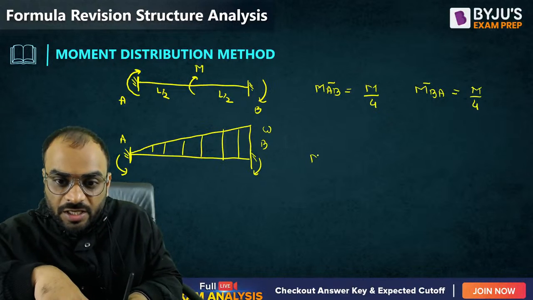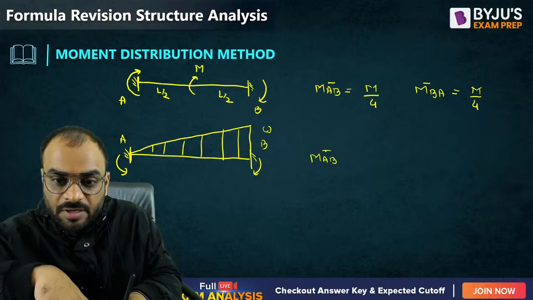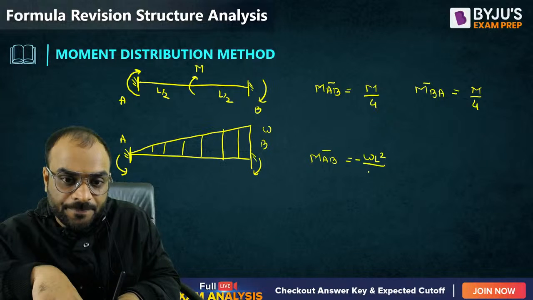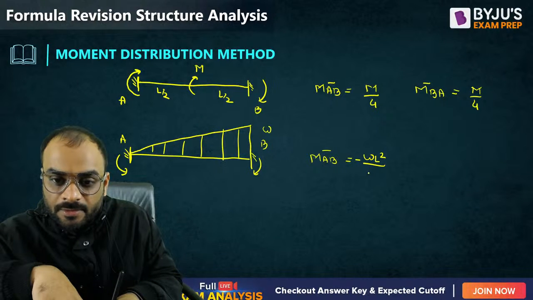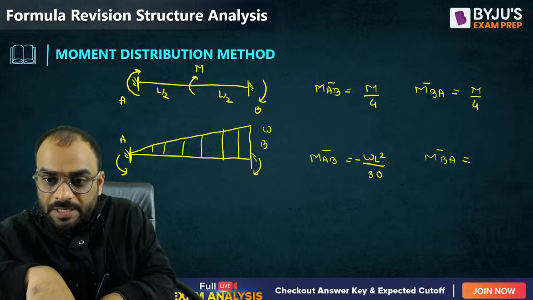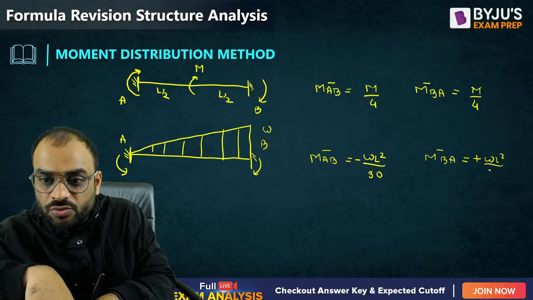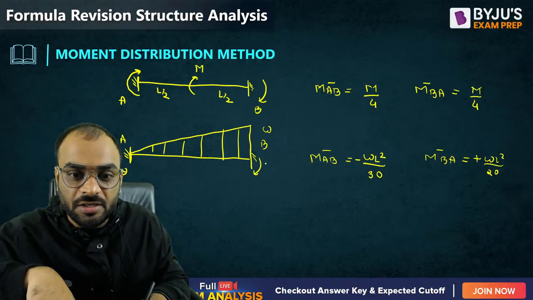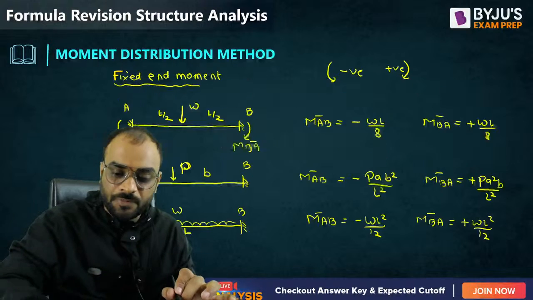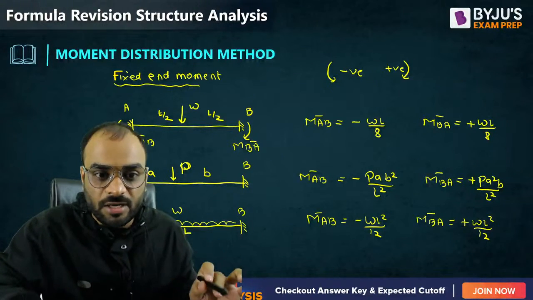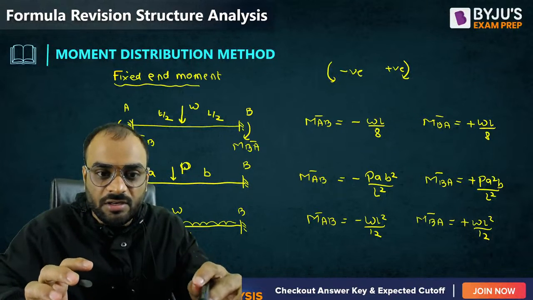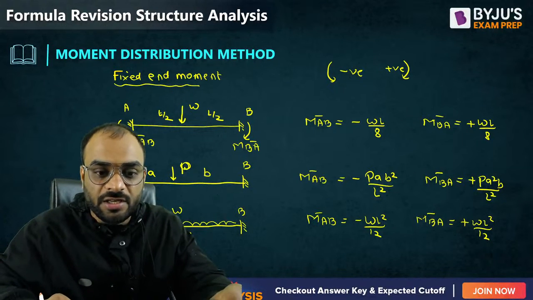So at support A, MAB bar, the moment value will be minus WL square by 30 and MBA bar will be plus WL square by 20. The moment at this particular location will be higher as compared to this one, right? So these are the formulas which you have to remember for the GATE exam purpose as fixed end moments due to the given loading system.